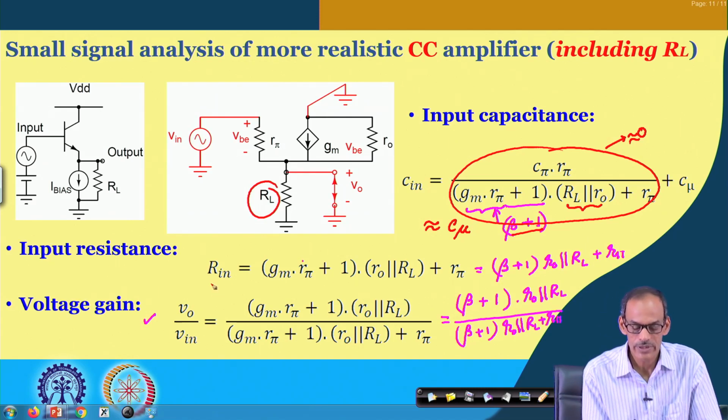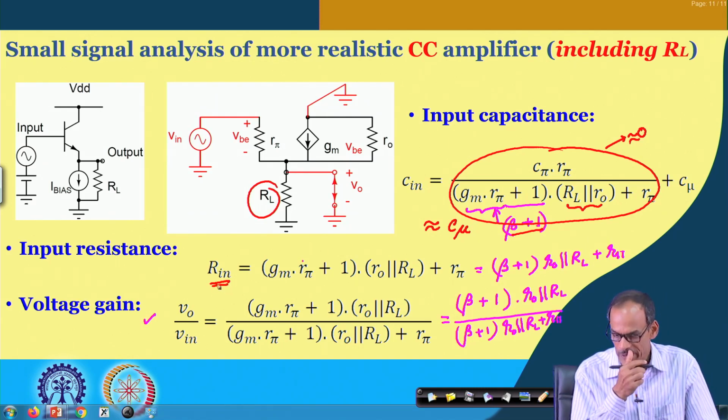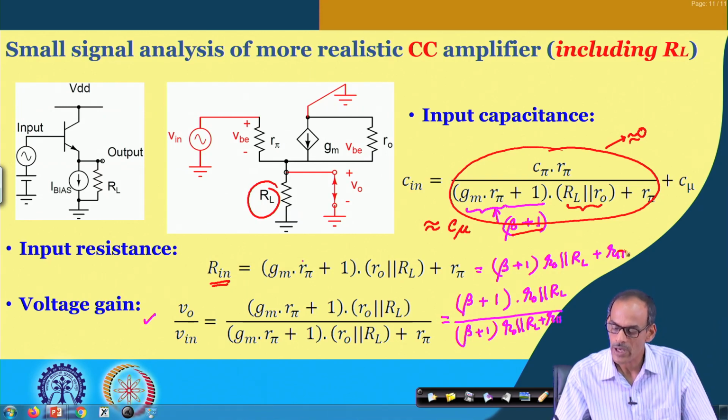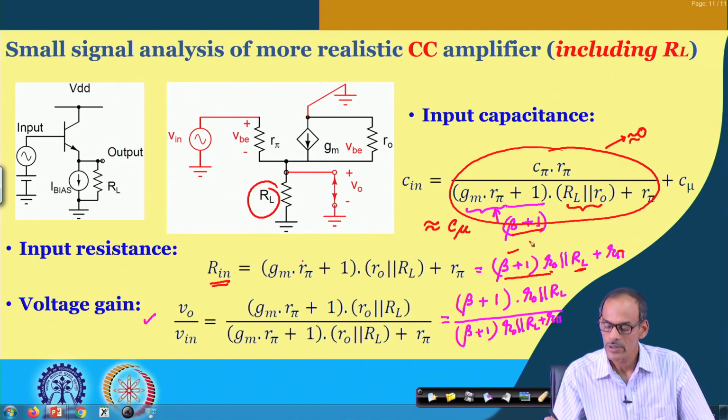Likewise, when you consider the input resistance, we have rπ coming in series with (beta plus 1) into (ro plus RL). Though ro is coming in parallel with RL, even if I consider the effect of RL, since we have beta plus 1 coming in the multiplication, this may be considered very high.